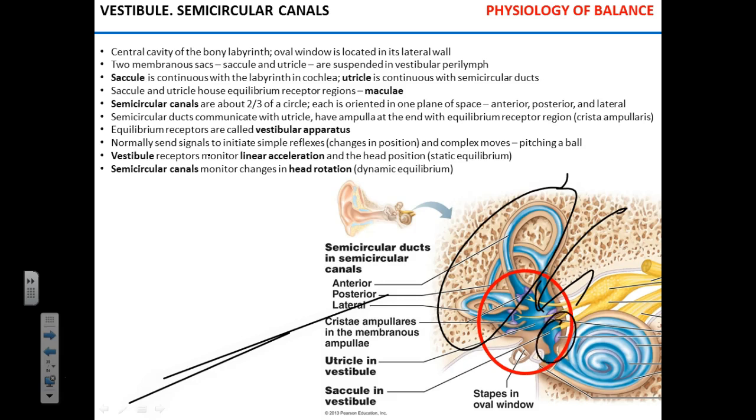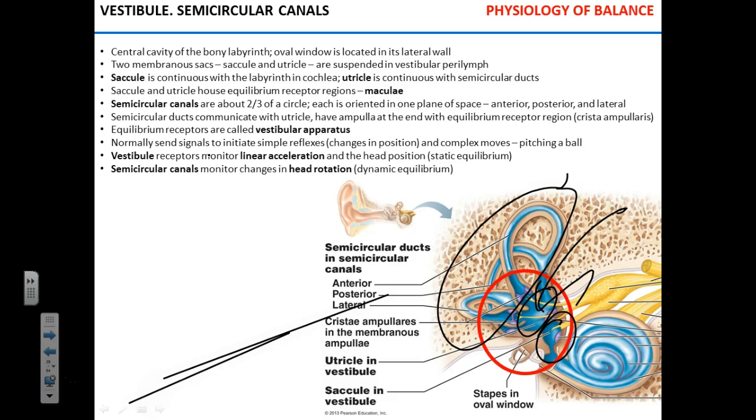The saccule is closer to the cochlea, and the utricle is closer to the semicircular ducts. These two parts are responsible for sensing the linear acceleration of the head, meaning moving forward, backwards, left, right, and all the combinations.